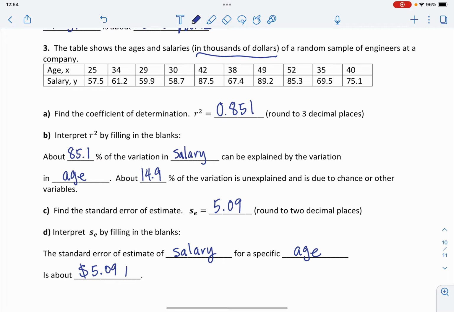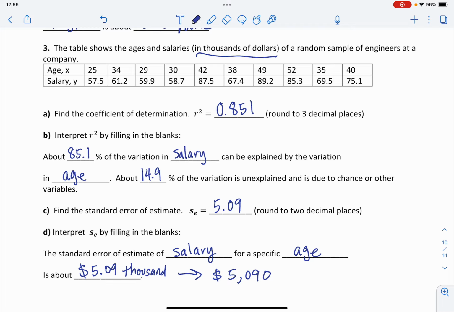No, not just dollars. $1,000. Right? $5.09 thousand. Or a better way to write that is just $5,090. Right? Move that decimal over 3 places. Okay. So for a specific age, we'll see a variation in the salary by about $5,000, right? Average deviation from the mean.